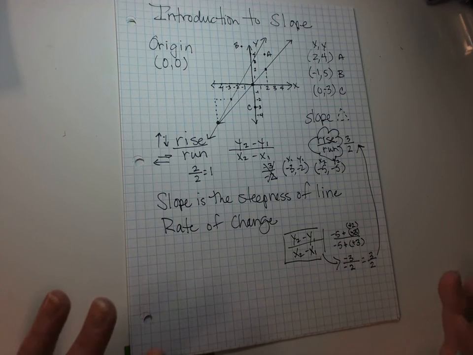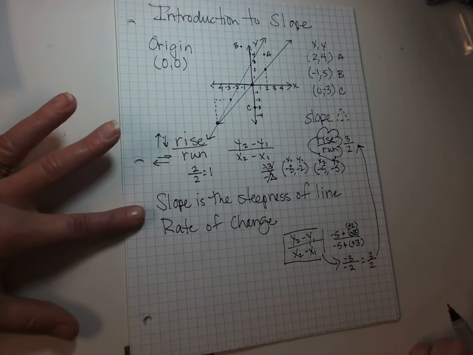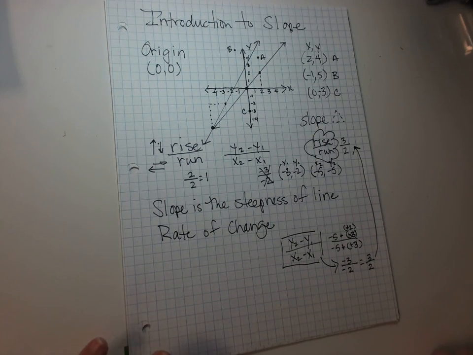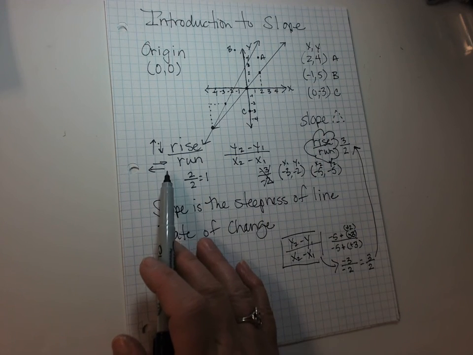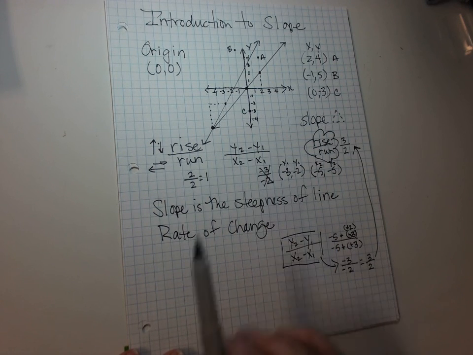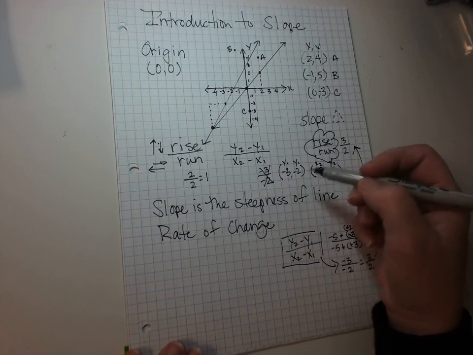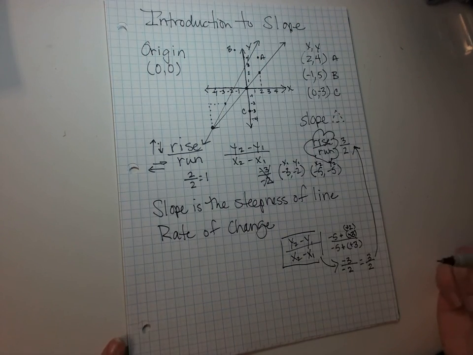We know what slope is: it's the steepness of a line, or it might show the rate of change. Our slope formula is rise over run, and another way of saying it is y2 minus y1 over x2 minus x1, using the points on a line. That's how we find the slope of that line.